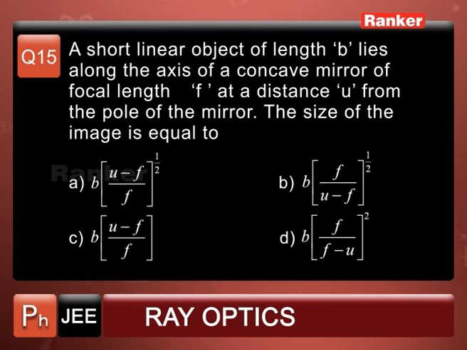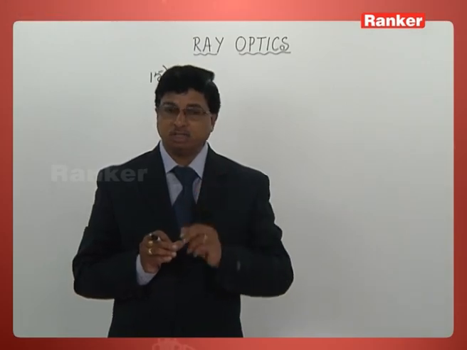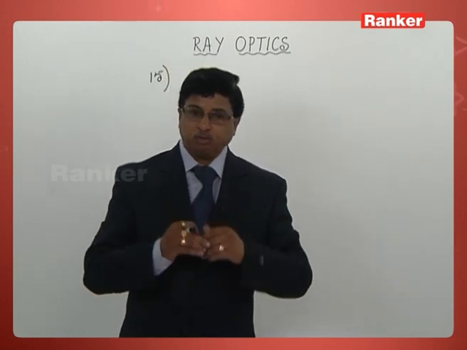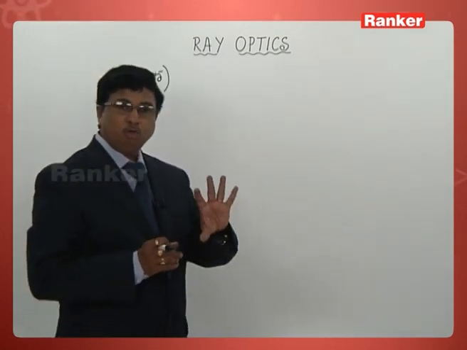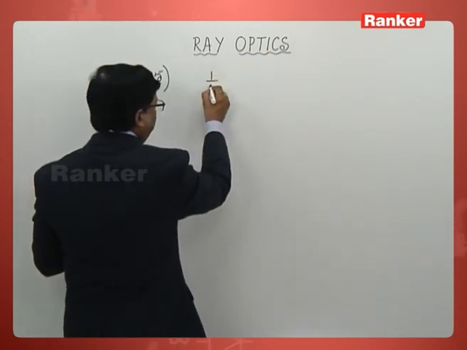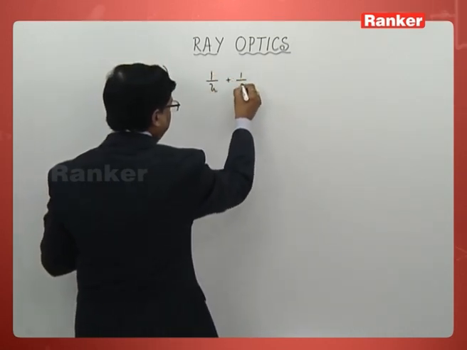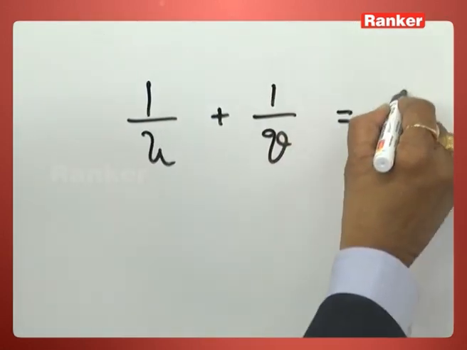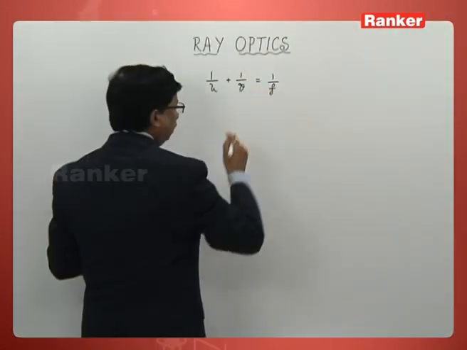And fourth option, b into (f by f minus u) whole square. That is actually the fourth option given. So first of all, it is a concave mirror he is talking about, and for that the mirror formula can be written as 1 by u plus 1 by v is equal to 1 by f.